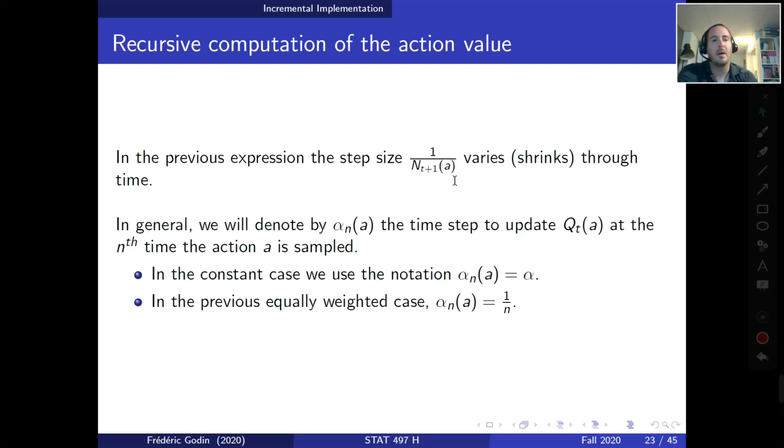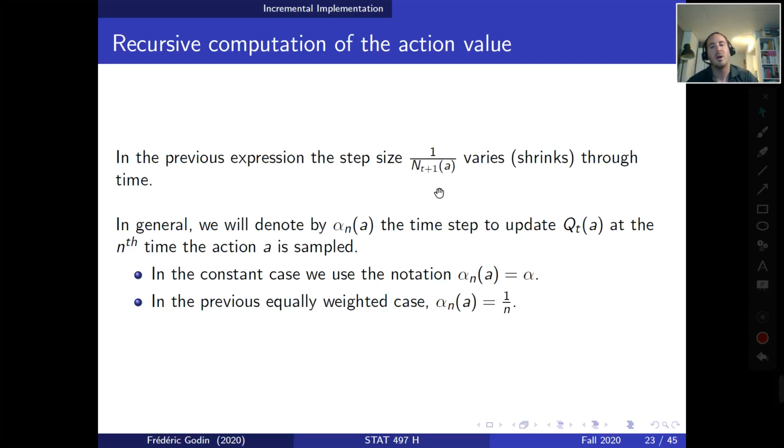So what happened before, we proposed to estimate the expected reward by an arithmetic average, or equally weighted average, of all previous rewards obtained from action A. For this precise case, which is simply averaging rewards, the step size in this formula is 1 over N_t(A) plus 1, but we will see other algorithms which use different step sizes, and we will discuss their interpretation next.